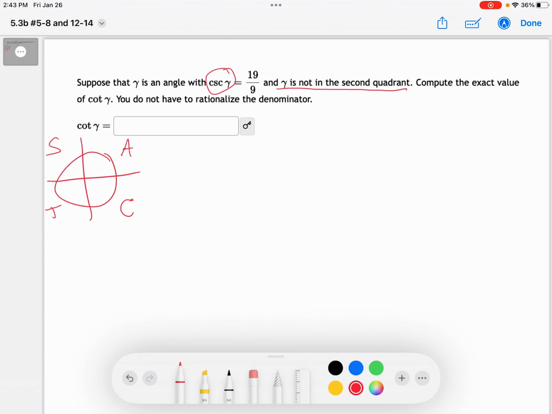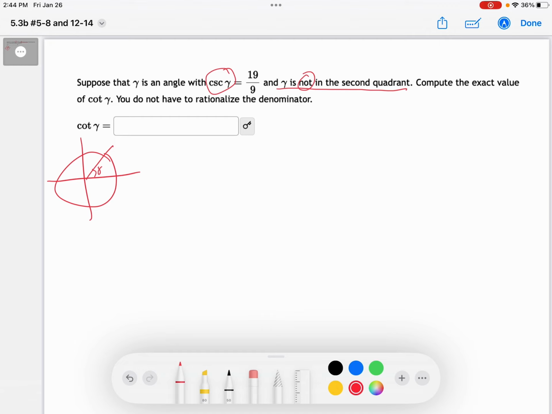Sine is positive in quadrant 1, with A for all, and the second quadrant for sine, right? So this cosecant is either going to be in quadrant 1 or 2, and they tell us it is not in the second quadrant, so it's somewhere over here in the first quadrant. We're never going to have to find what gamma is. We are just going to say, okay, there's gamma somewhere in the first quadrant.